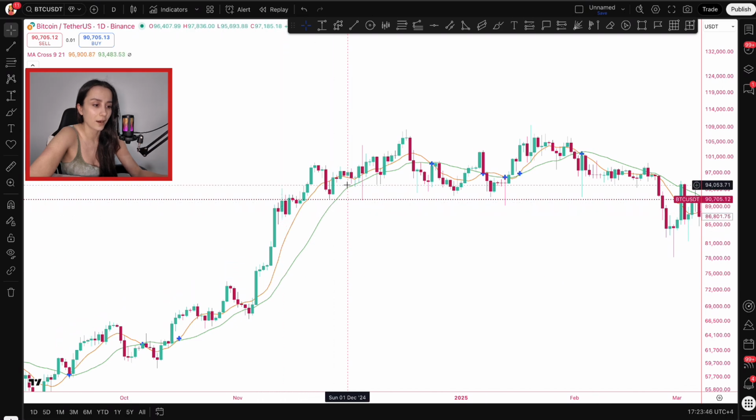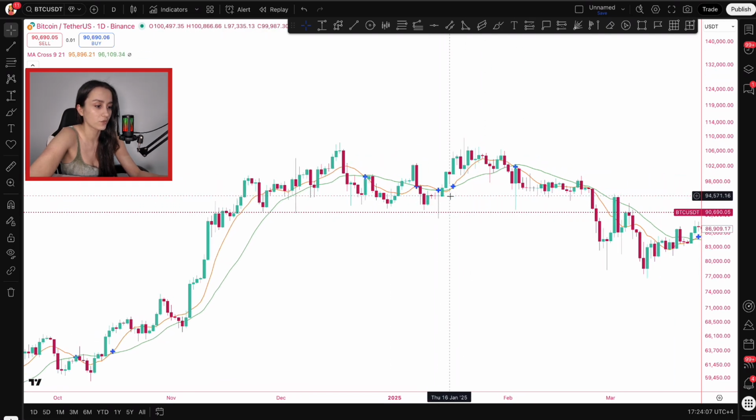When these lines are crossing, they're telling us the market is gonna drop down, or gonna rise up. As you can see, the orange one crosses down of the green one, and there is a drop down. And when it's opposite, the orange one crosses up, there is a rise.